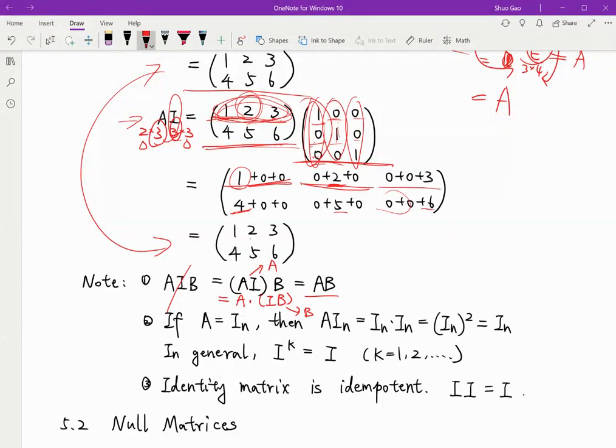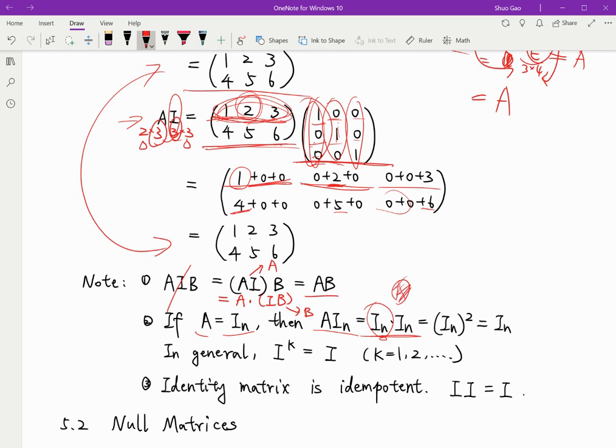And second, if matrix A is just the identity matrix itself, then A times I is just I times I, right, with any dimension n, I times I. And we know that the identity matrix times any kind of matrix A should be the matrix A itself, right?